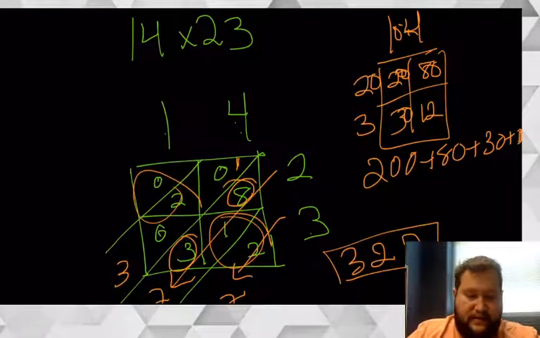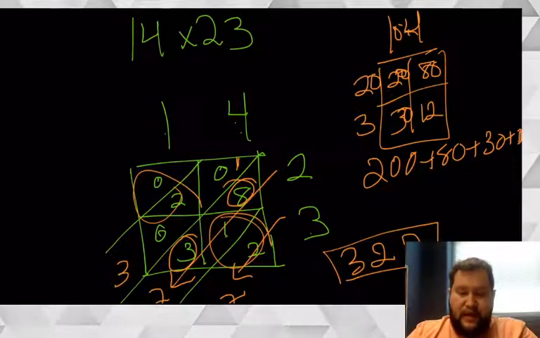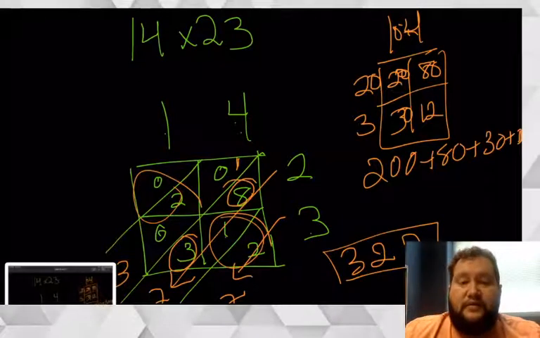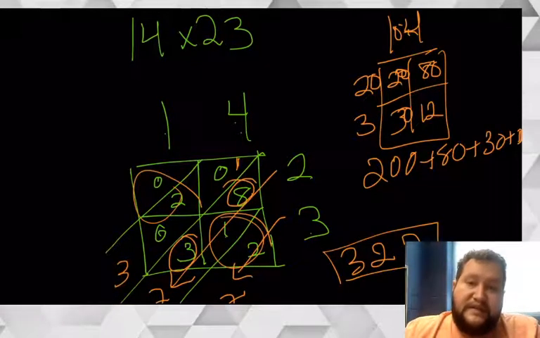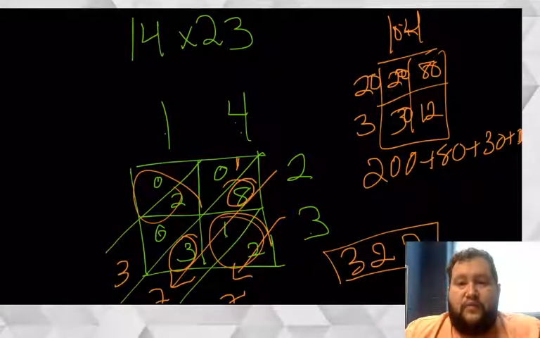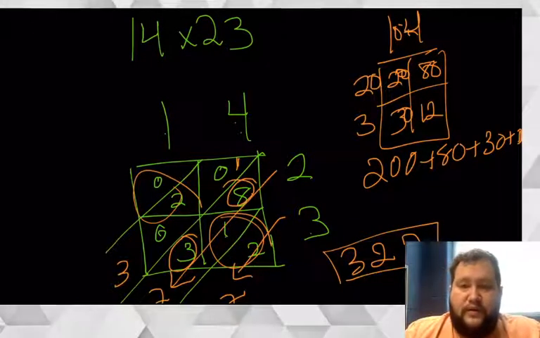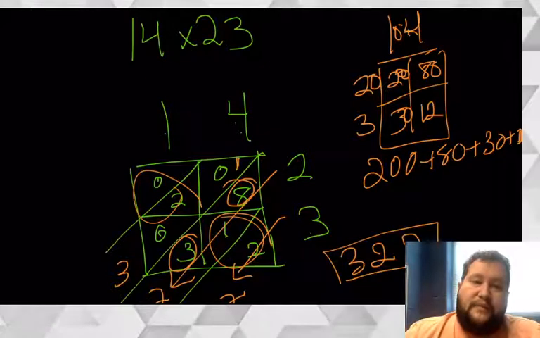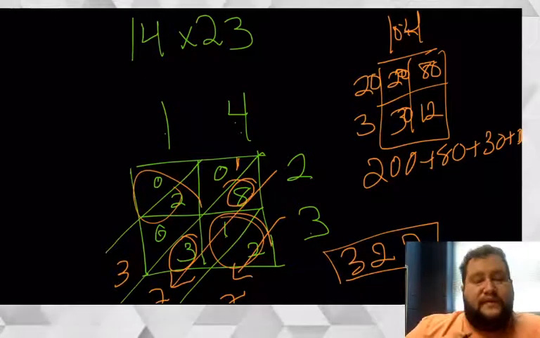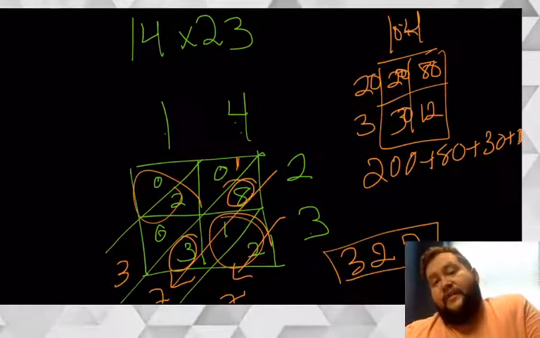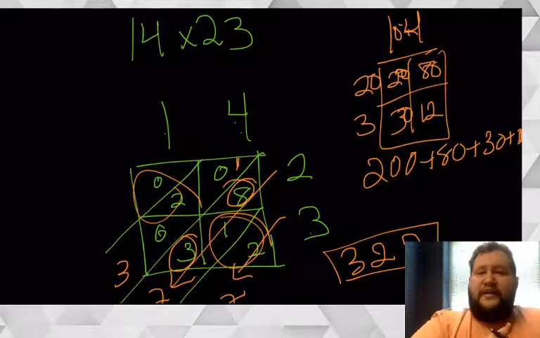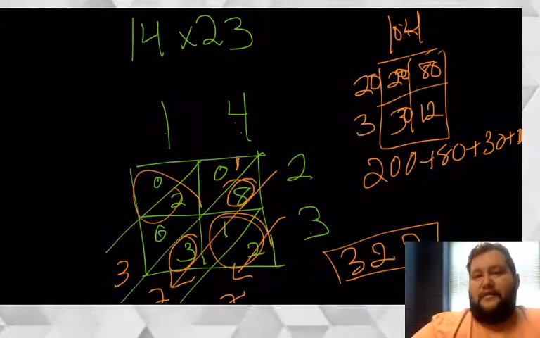And so, given the choice, I would still go back to my array model, or my area model. Let me screenshot that too, or I'm going to lose it. I would go back to this model over lattice because, just like with the standard algorithm, where I write a 0 and then a 4 for 40, instead of thinking as 4 times 10, or 4 tens, or 40, this algorithm on the left, our lattice algorithm, in many ways becomes very procedural. Just add down the diagonals. But why do we add down the diagonals?